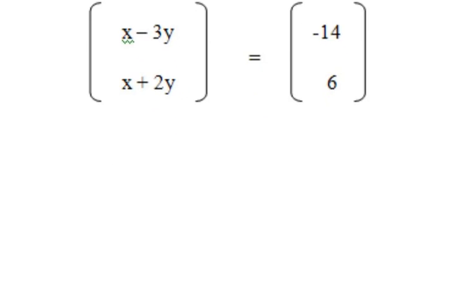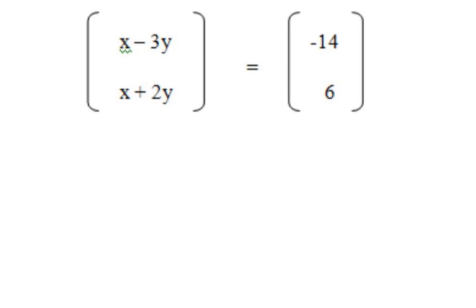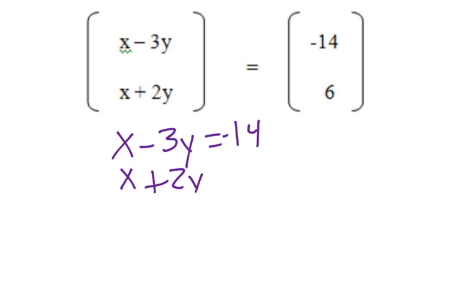If they give you something like this, you're going to turn it into equations. So x minus 3y is equal to negative 14, and x plus 2y is equal to 6. And yes, I'm going to make you think. I'm going to make you remember how to solve by elimination.